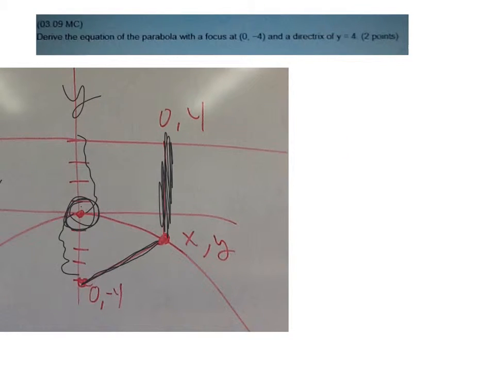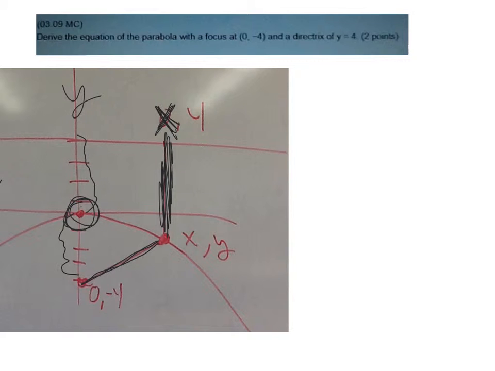So for this line right here, the x's are the same. Whatever the x is, it's going to be the same for that point on the parabola as it is for that point. I should label this as x, 4, not 0, 4. See how those x's are exactly the same?